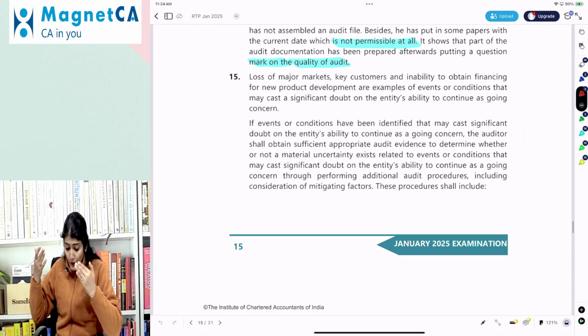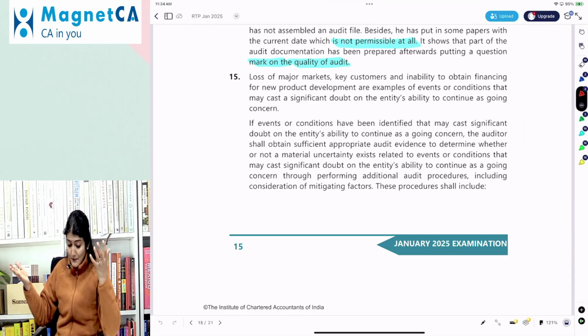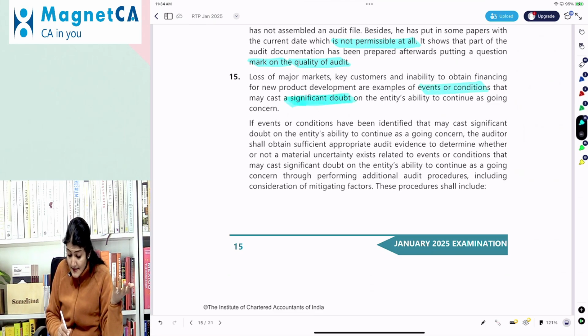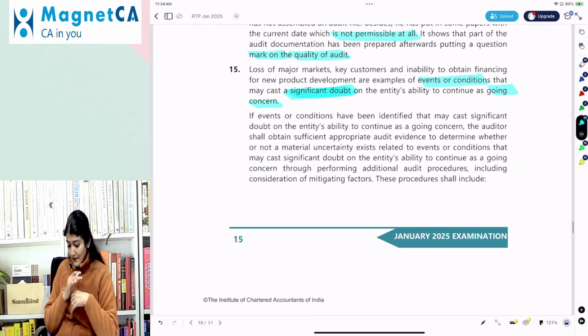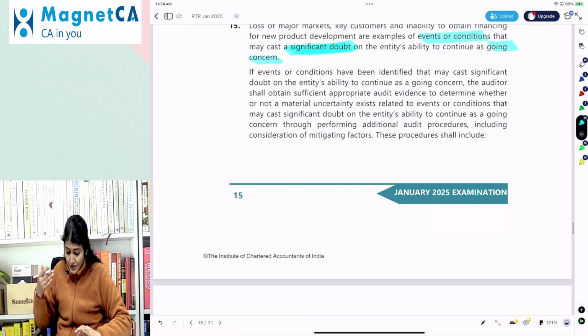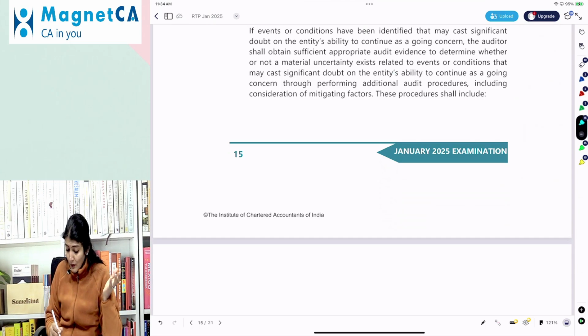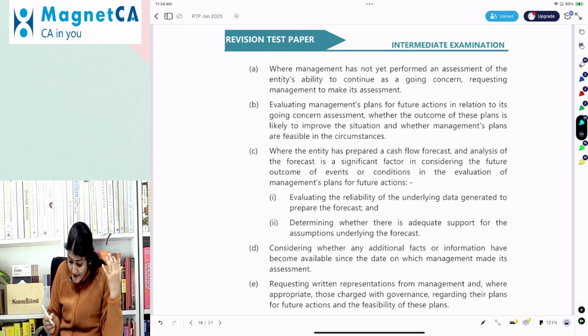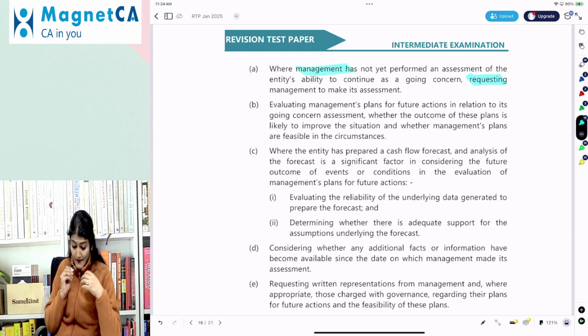Okay. Right? So loss of major market and key customers and all of this are events or conditions which may cast significant doubt regarding going concern. If these events and conditions have been identified, the auditor needs to perform additional audit procedures. What are these procedures? One, requesting the management to perform the assessment.